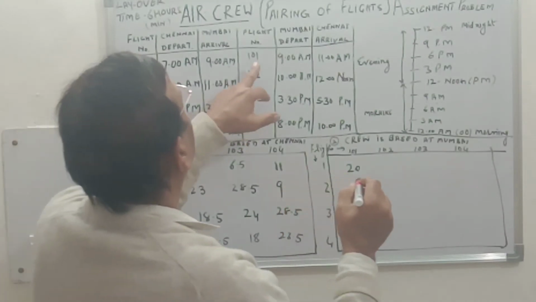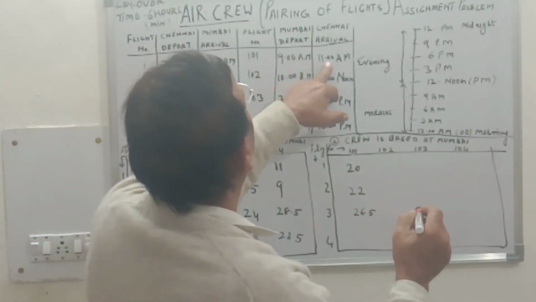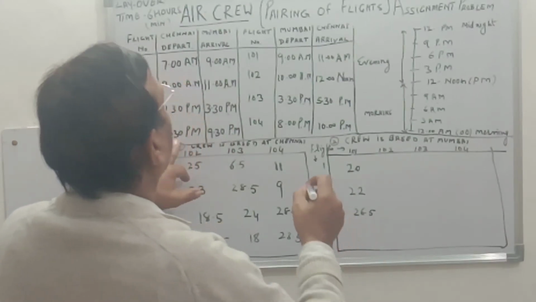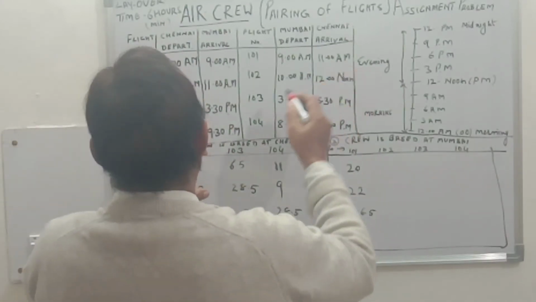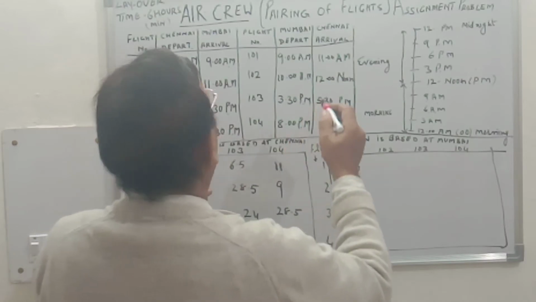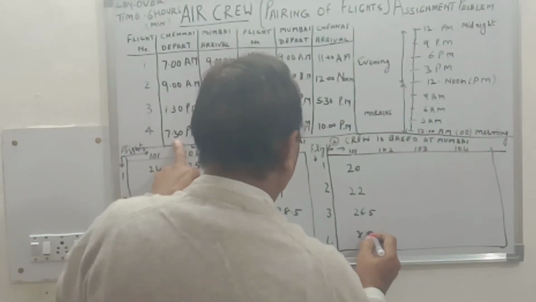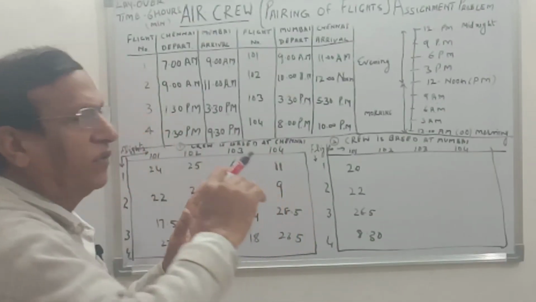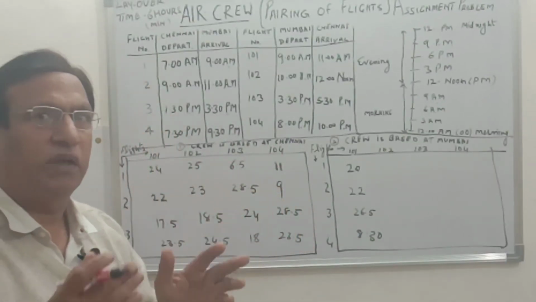And flight number 101 is 11 Chennai and departure is 7:30, 11 to 7:30, 8:30. These are the gaps of flights from arrival to departure in hours.